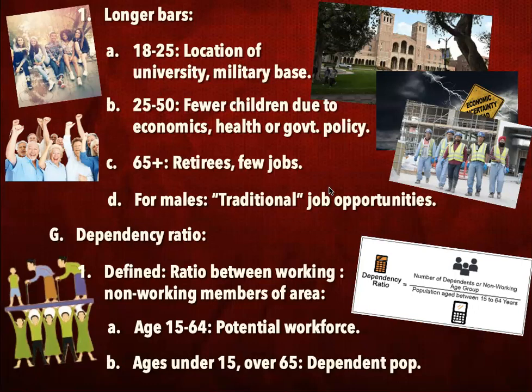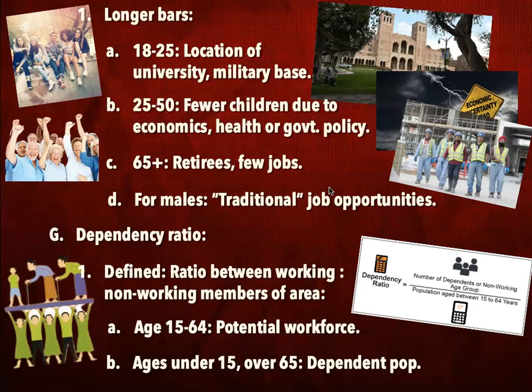So the idea of a dependency ratio, again, working, non-working, what we call the potential workforce, what we call the dependent population. It's just different ways that we categorize those cohorts, different ways that we view these age groups, and the challenges and the strains that they can put on an overall population group.